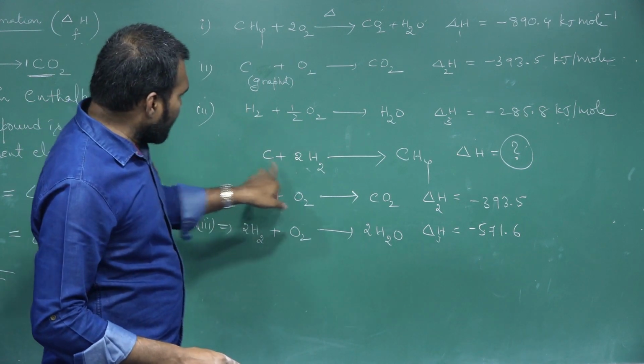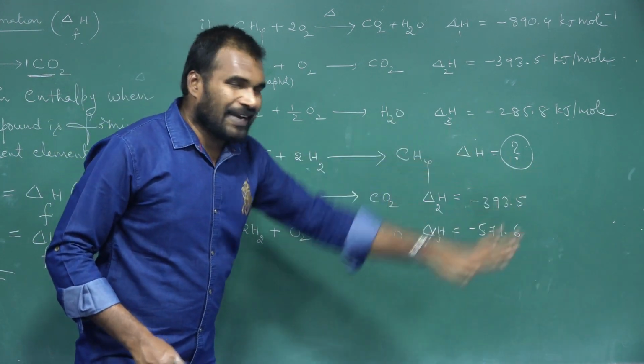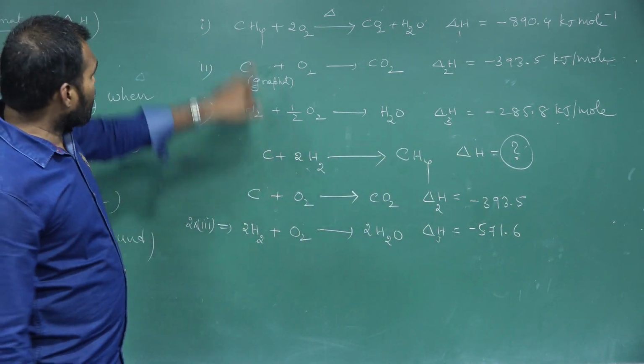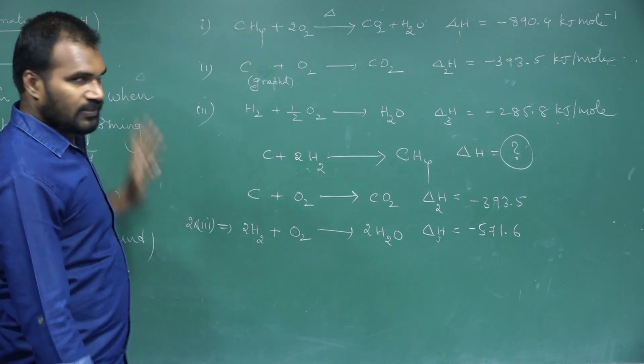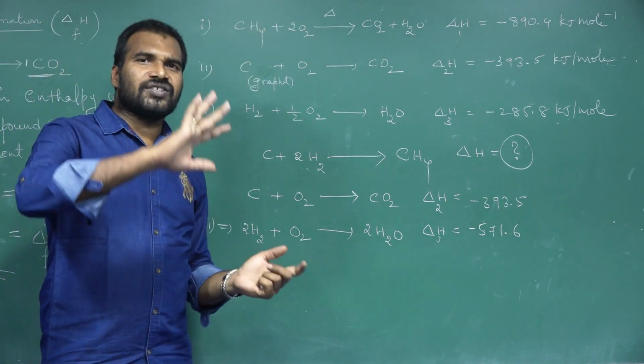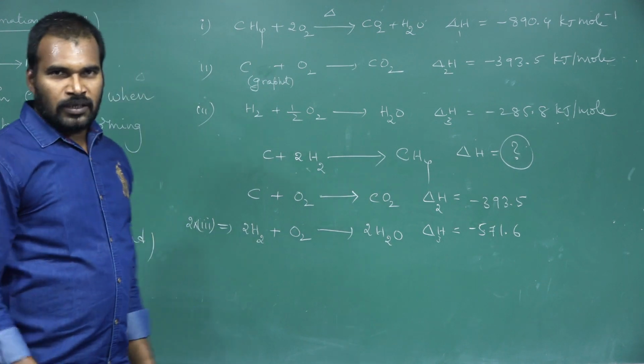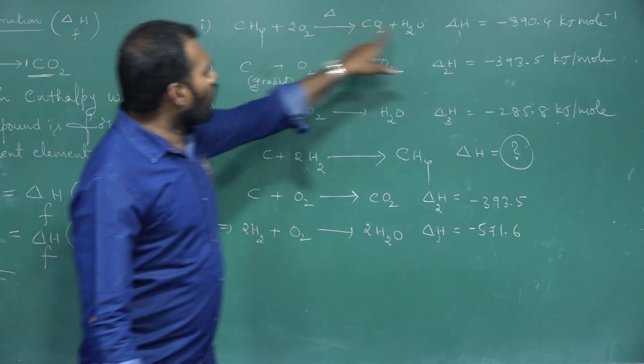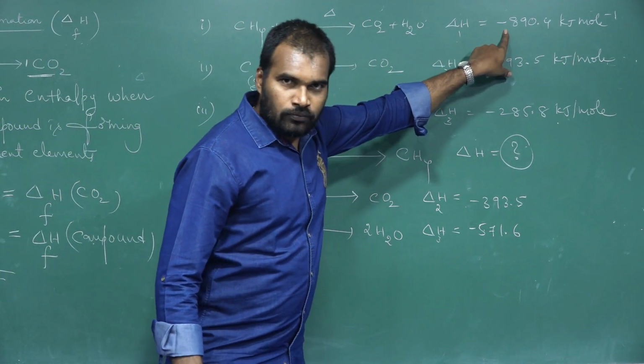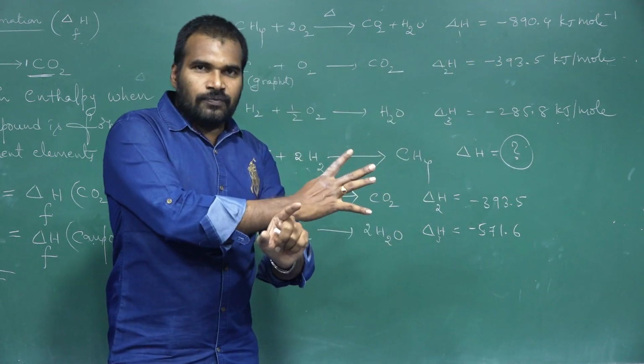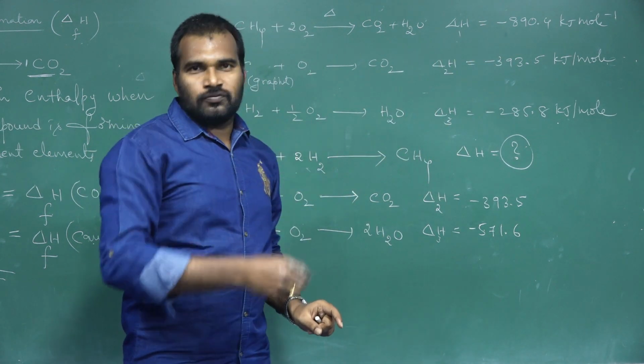Next, in the net equation, CH4 is on the right hand side, the product side. But in the first equation, CH4 is on the left hand side. For that I am just reversing the first equation. See that in the forward reaction the del H value was negative. If you reverse the reaction, the del H value becomes positive.